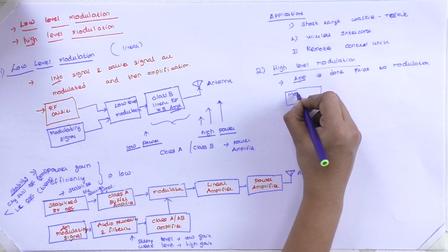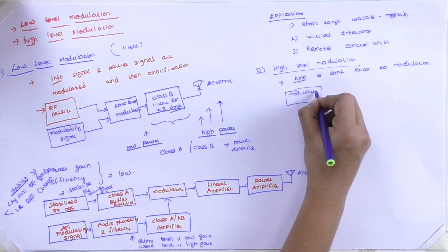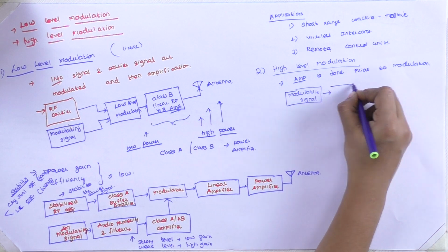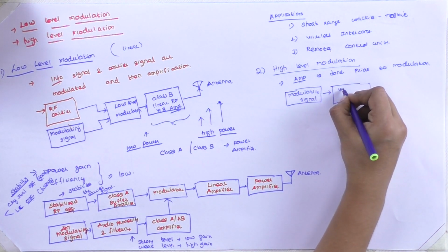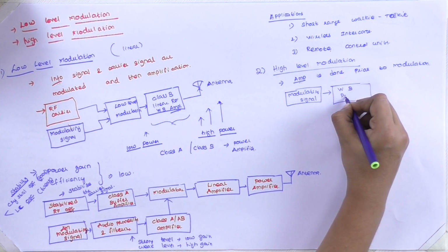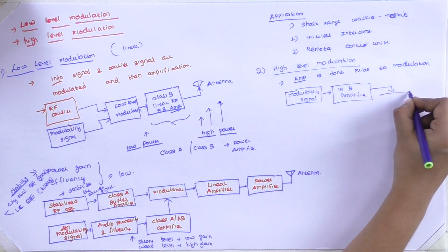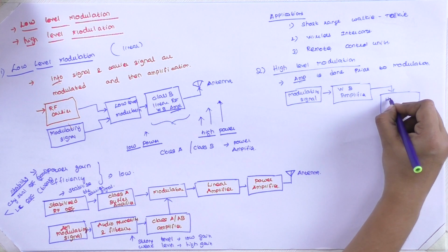The modulating signal is amplified by using a wideband amplifier. It is fed to the high level modulator as one of the inputs.